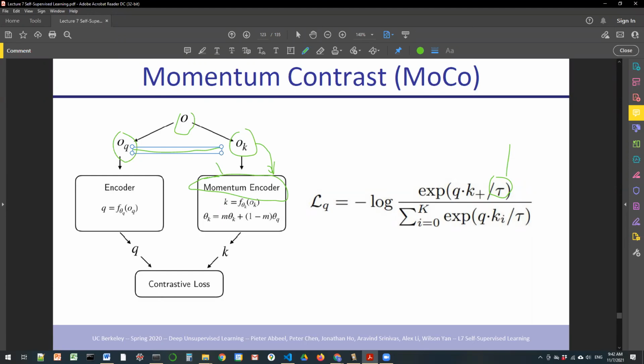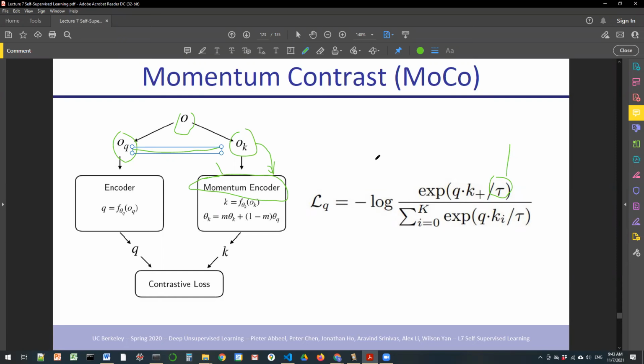There has to be some mutual correlation between the positives as compared or contrasted with the negatives, right? So that becomes an issue as well. And that's the reason why, instead of just storing a memory bank, as you will see if you get into the blogs that discuss this, which is just a store of encoded values of negative images, you begin to use a dictionary which tends to encode momentum slowly into the keys and then use that value instead.